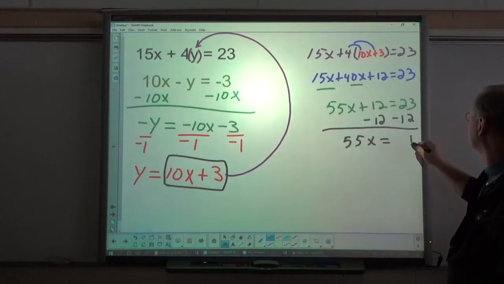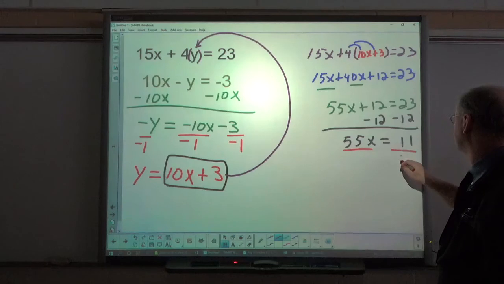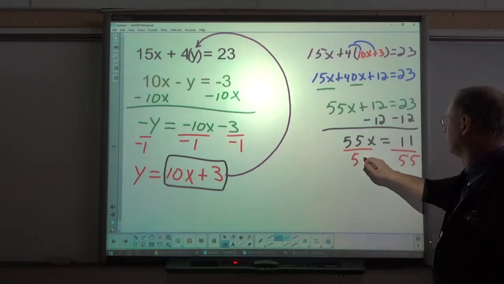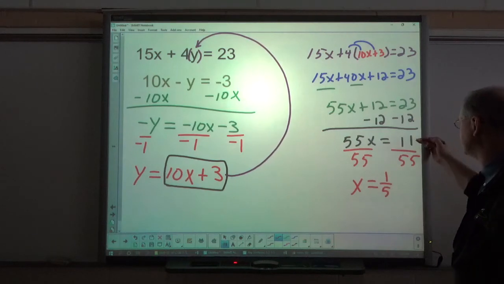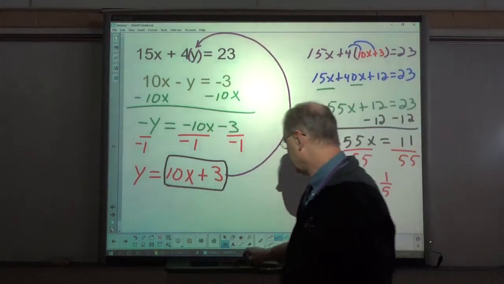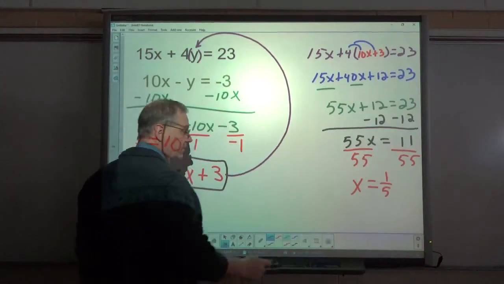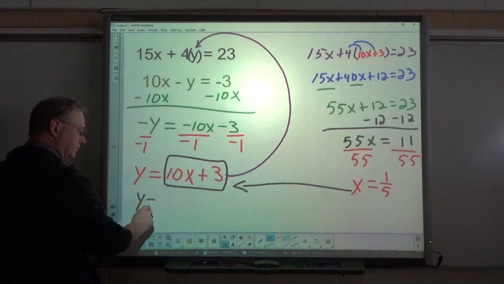Let's see, 11, and divide both sides by 55. Now 11 goes into 11 once, into 55 5 times. So there's our answer for x. And then I bring it back this way and plug it in.